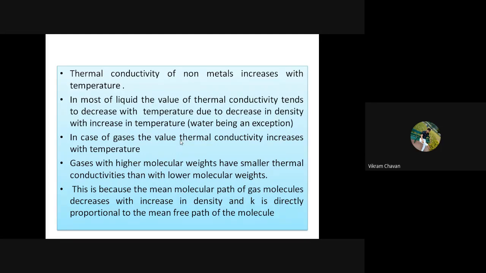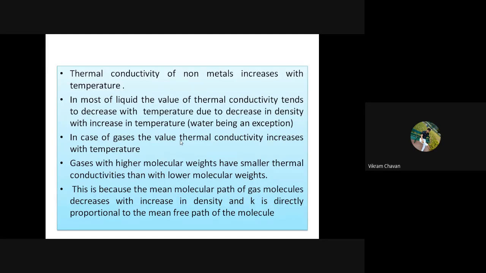If this path decreases, the ability of a molecule to transfer heat also decreases. So when the mean molecular path decreases, thermal conductivity decreases, and when the mean molecular path increases, thermal conductivity increases.